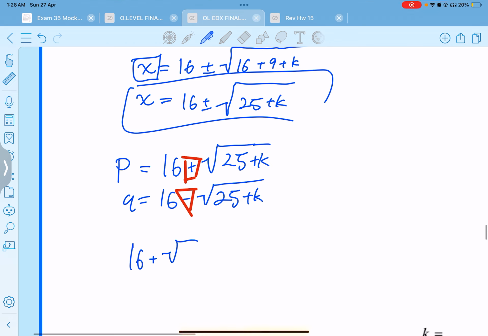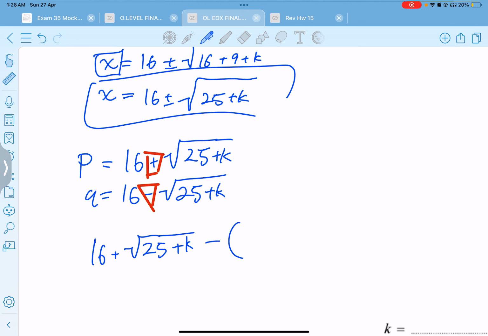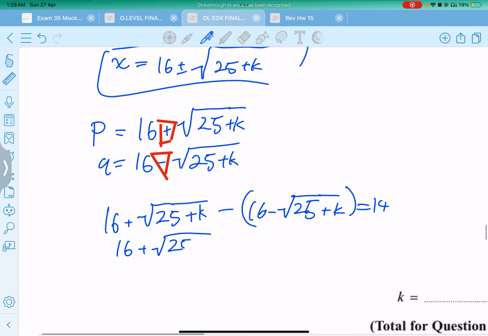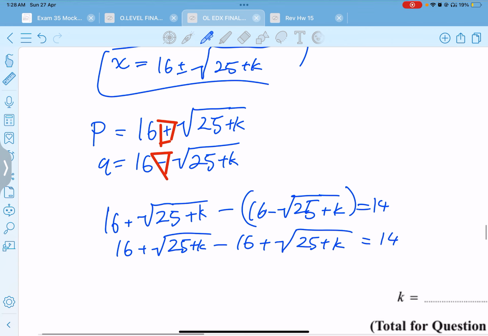It's going to be 16 plus root 25 plus k minus, open brackets, because the minus sign is going to be distributed over the terms in the brackets, 16 minus root 25 plus k, so it's equal to 14. 16 plus 25, oopsies, 25 plus k minus 16 plus root 25 plus k is equal to 14.